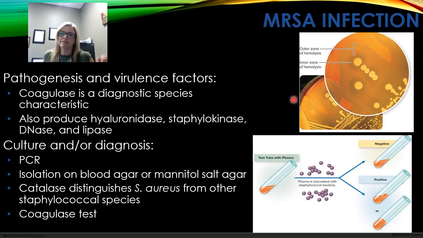Coagulase is that enzyme that reacts with factors present in plasma to start clot formation. So in the coagulase test here, we have a tube of plasma that is going to be inoculated with the bacterium. If it remains liquid, it's negative, and if it develops a lump down here or becomes completely clotted, then it is positive, showing that it does produce that coagulase.